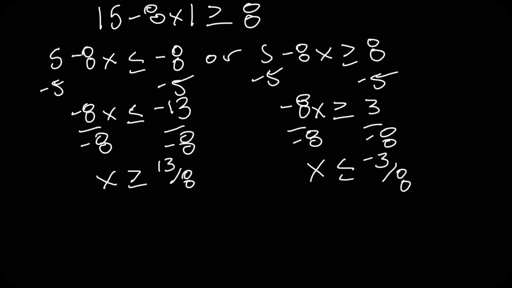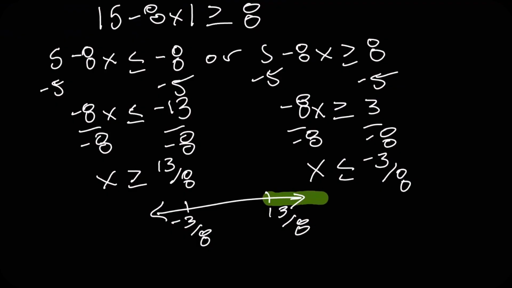So our final solution, we have x is less than or equal to negative 3/8, or x is greater than or equal to 13/8. If we think about this on a number line, we have 13/8 here, and we have negative 3/8, and it's essentially saying that x is greater than or equal to all these values, and then x is less than or equal to negative 3/8. So it'll be all the values this way.